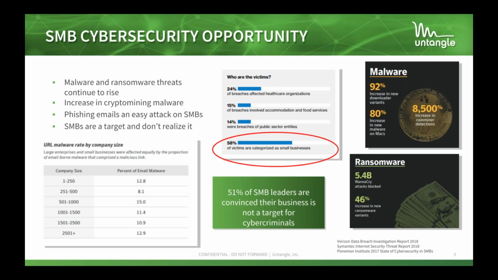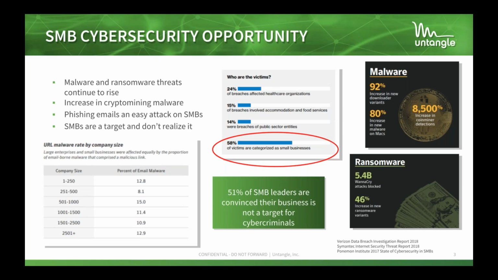So Untangle itself, as Shannon said, is just a network security solution. We're looking at software installed on our hardware, your hardware, virtualized in the cloud. This is all becoming very crucial in 2018 because, as you can see on my screen, there is no company that is not a target now. The malware ransomware threats continue to rise in the SMB segment.